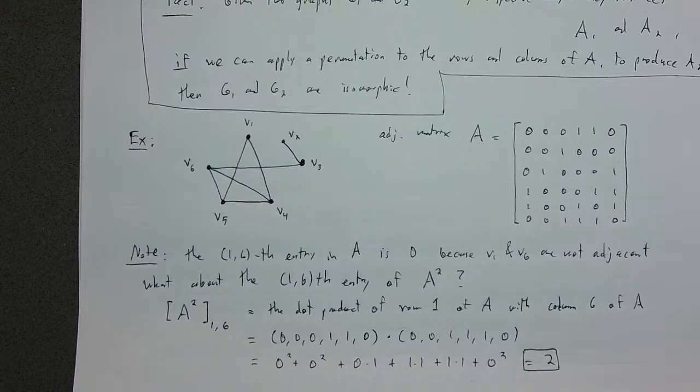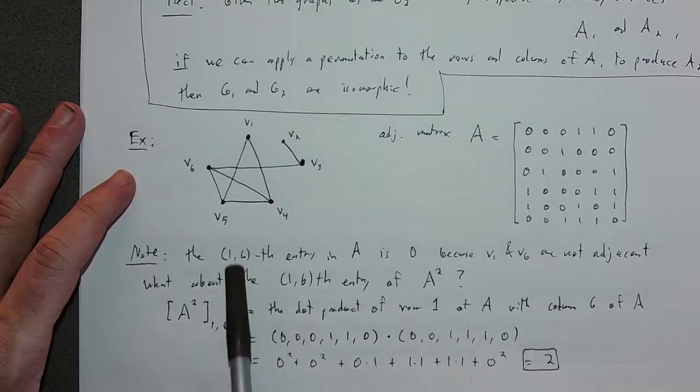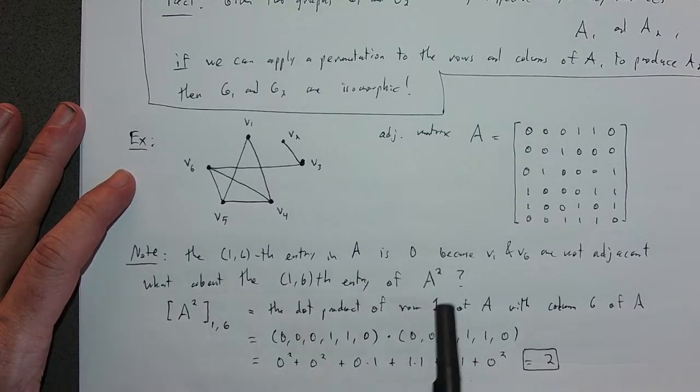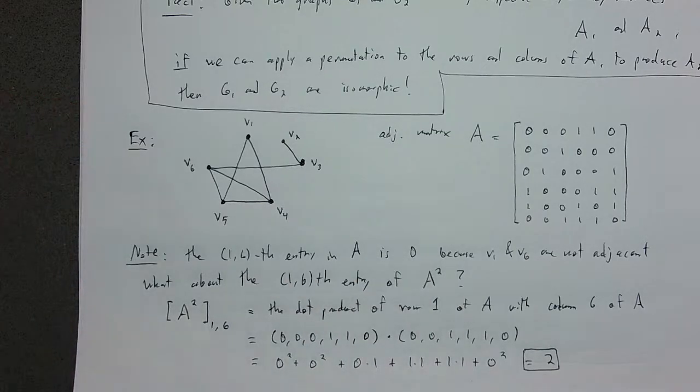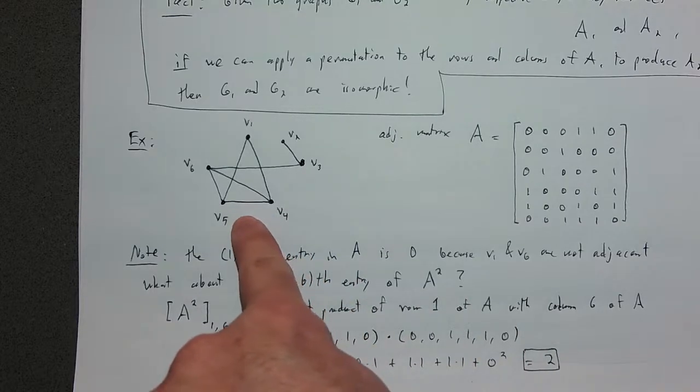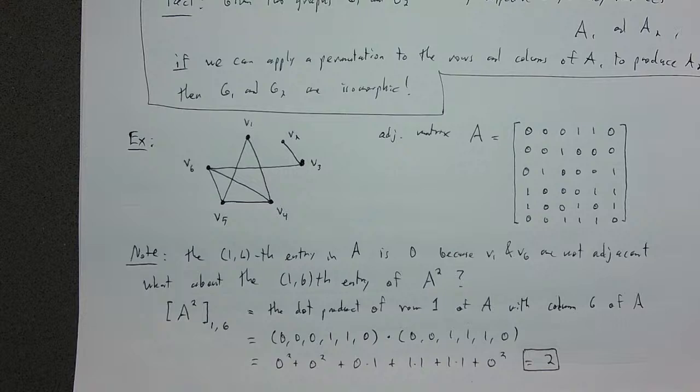But is there any significance to this number? So first of all, the 1/6 entry of A was 0, but the 1/6 entry of A squared was not 0. That is not too surprising necessarily, but let's think specifically for this example, since this is tethered to something very concrete here. Let's think about why this is.